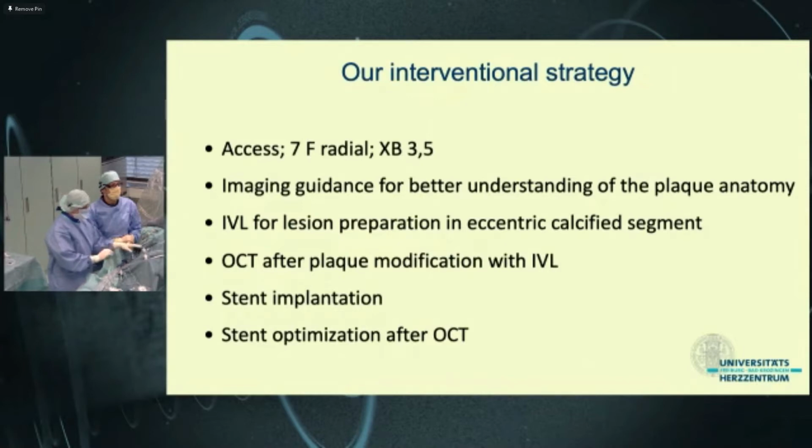We have OCT here to understand the plaque anatomy, the diameter, the lesion length, etc. Then we use IVL for optimal lesion preparation in this eccentric calcified LAD segment. Then again we control our result after IVL with OCT, then implant the stent, and finally, again, evaluation with OCT, and if needed, post-dilatation.